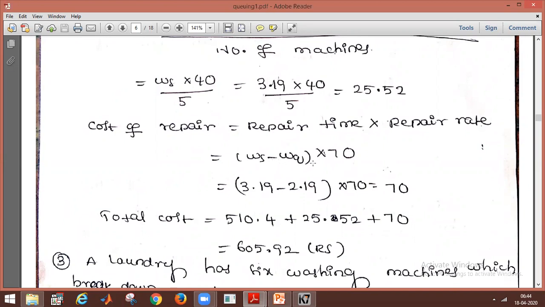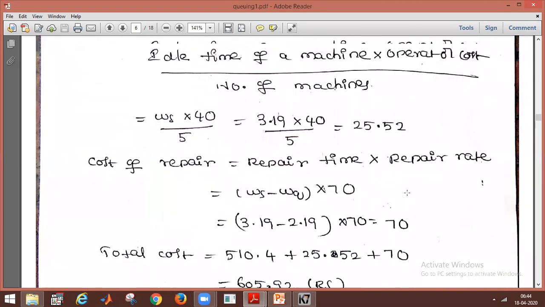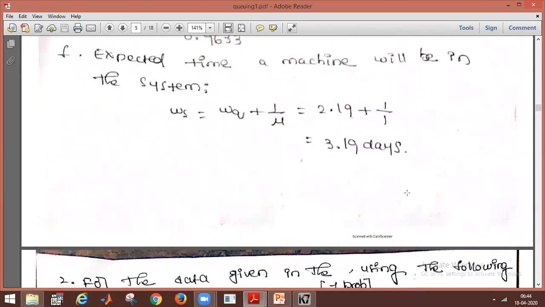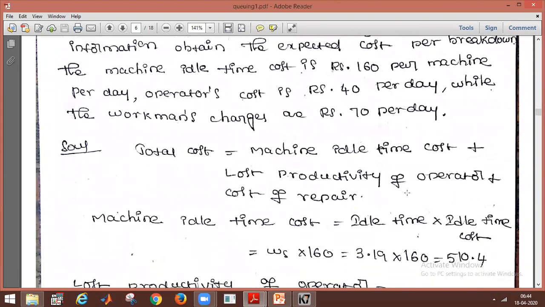Then times the repair rate, which is given as 70. After calculating this value, we will get 70. So three values will be calculated, then the total cost will be given.